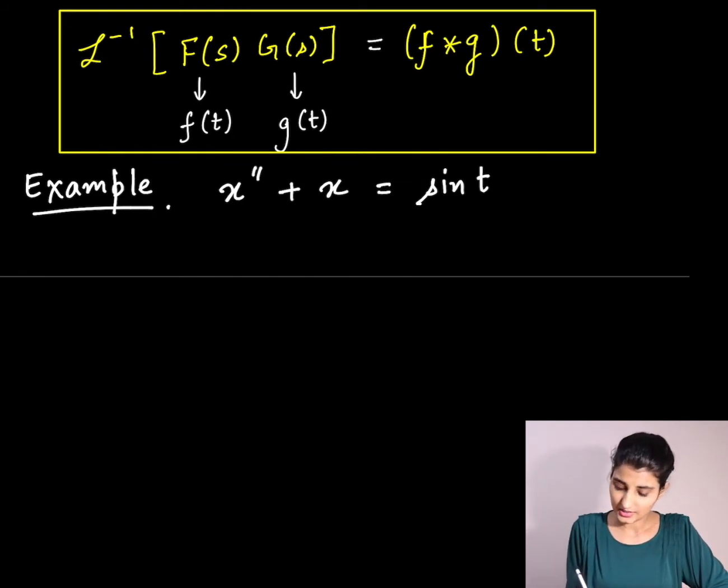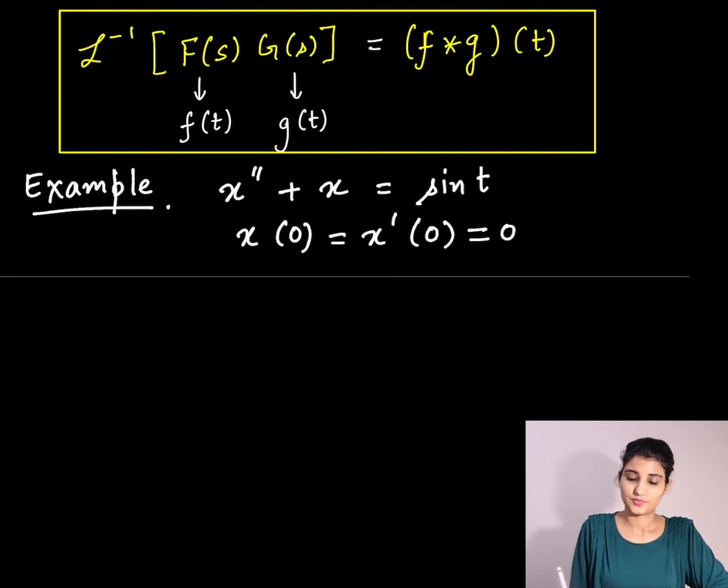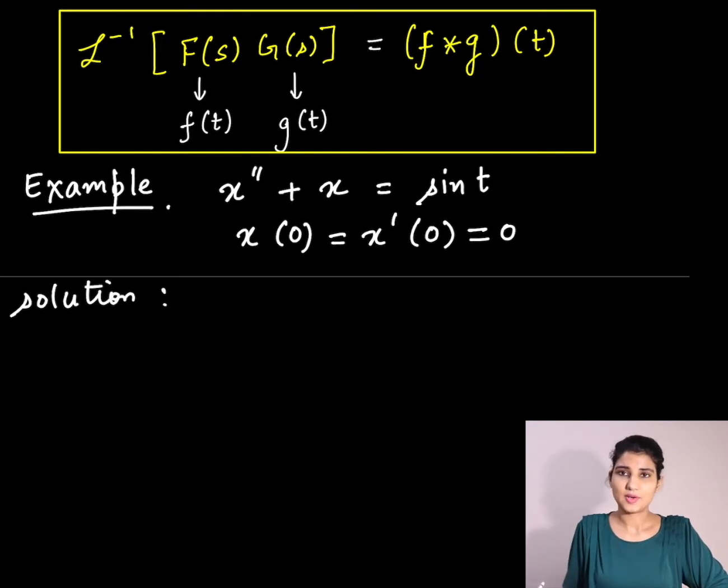The initial conditions are the value at 0 and the value of the derivative at 0 are both equal to 0. So the basic idea is always the same. We take the Laplace transform, we solve for X(s), and then we take the Laplace inverse.